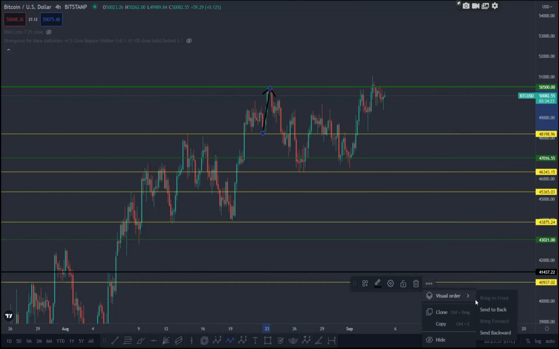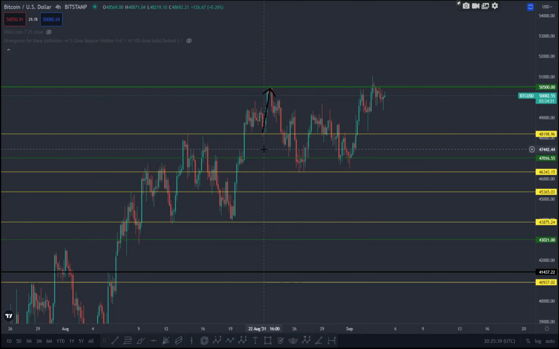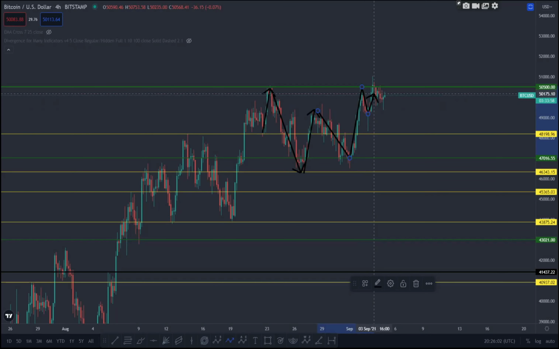This price action bounces on this line, then it goes back, bounces on that line. Here the price is getting supported by the support line. It bounces, goes back up, ranges between these two areas, and then tries to retest that line again.